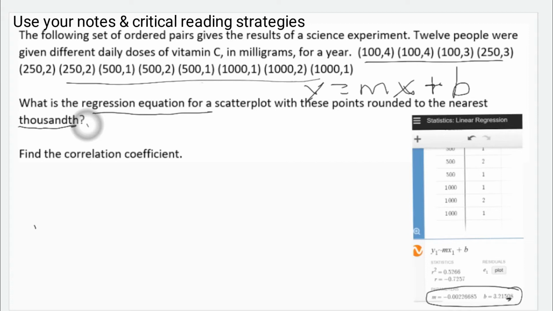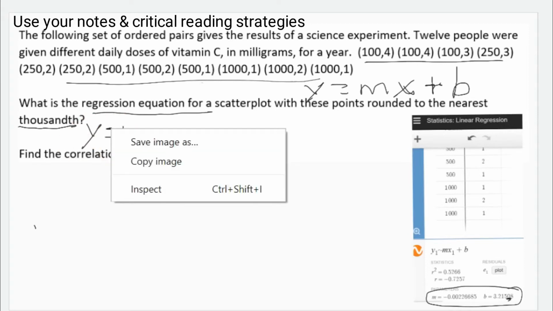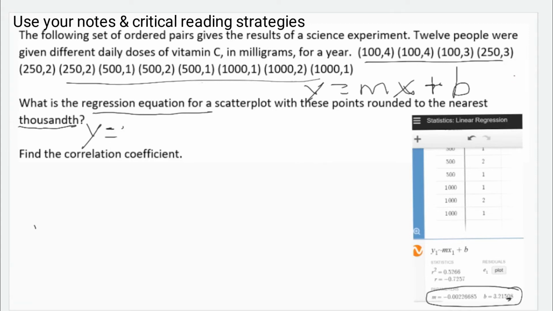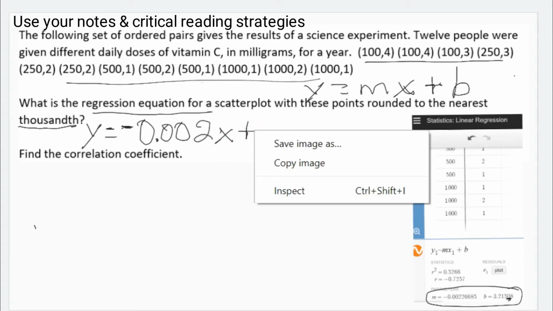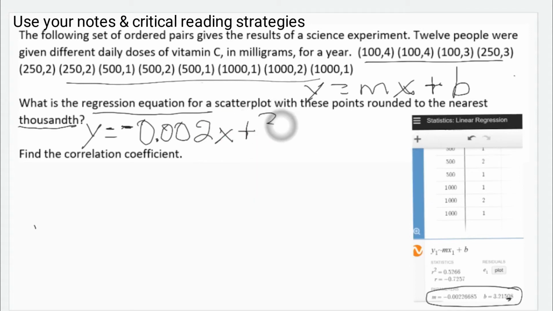So I'm going to go y is equal to negative 0.002x plus 3.215.